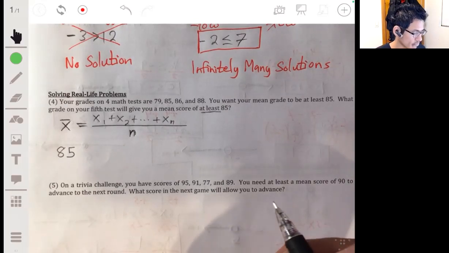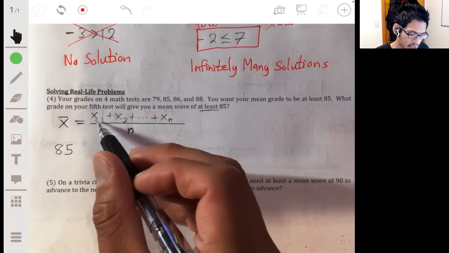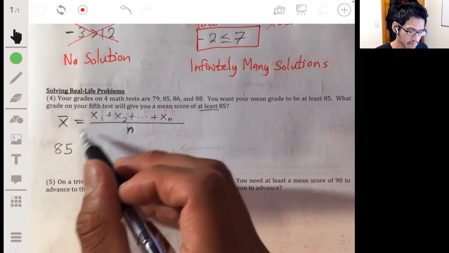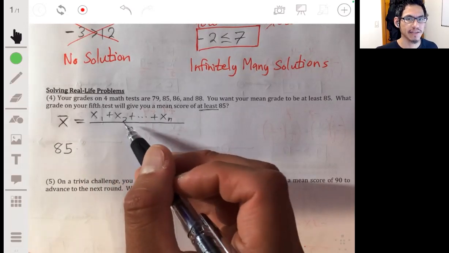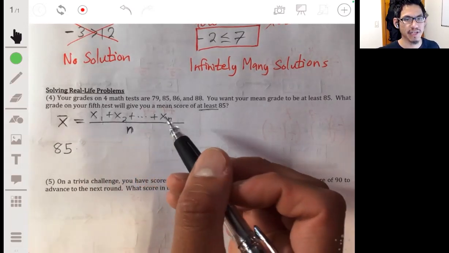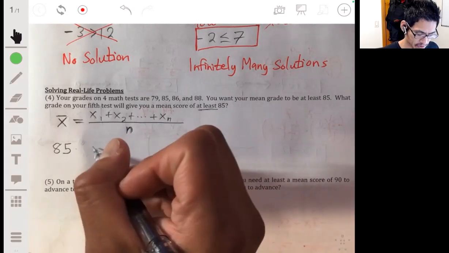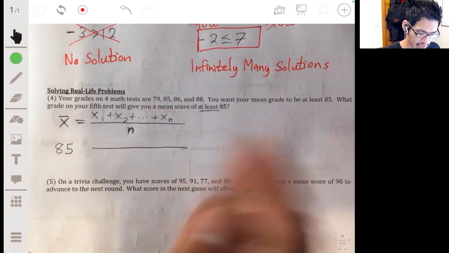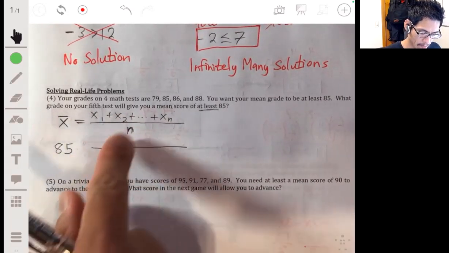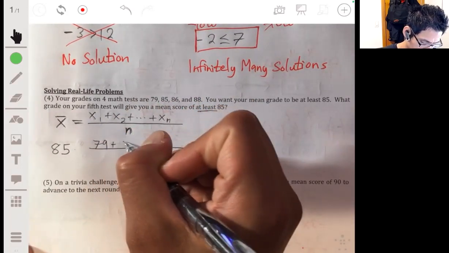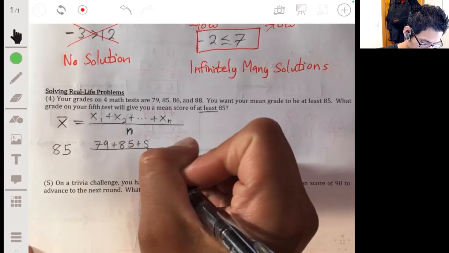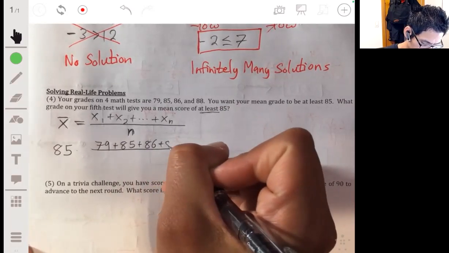So you basically want these values to be at least 85, 86, 87, 88, 89, all that. Well, actually, let me just first, before I get to that, this side will be where the 79 plus the 85 plus the 86 plus the 88.